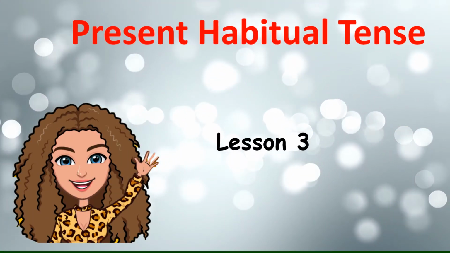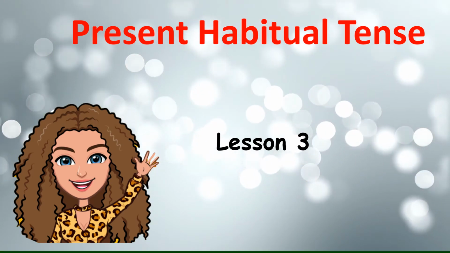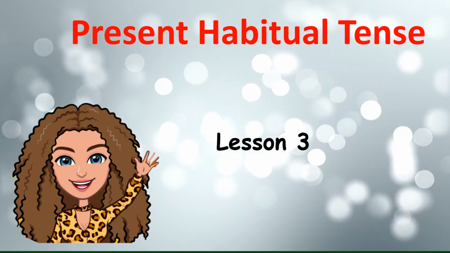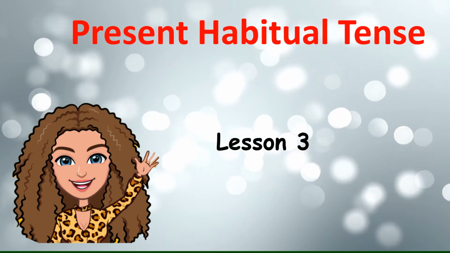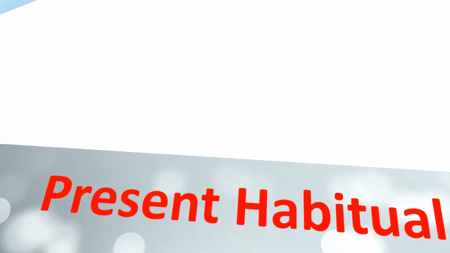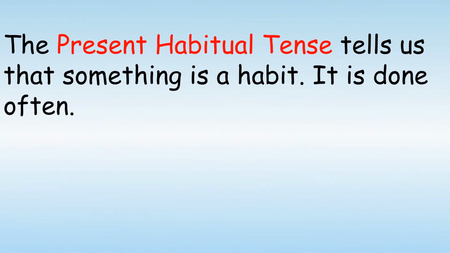This is our third lesson in our series of lessons on the present habitual tense. Just to recap what we did in our last two lessons, remember we said that the present habitual tense tells us that something is a habit, it is done often.